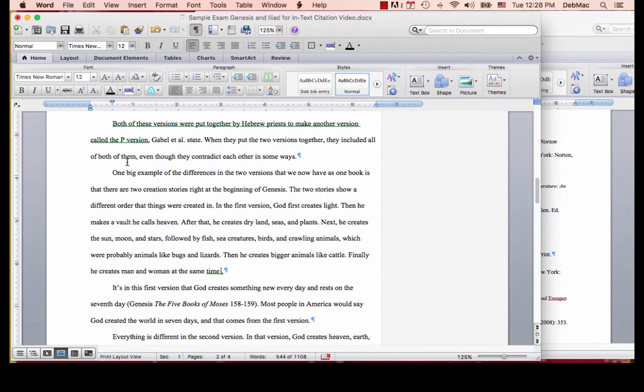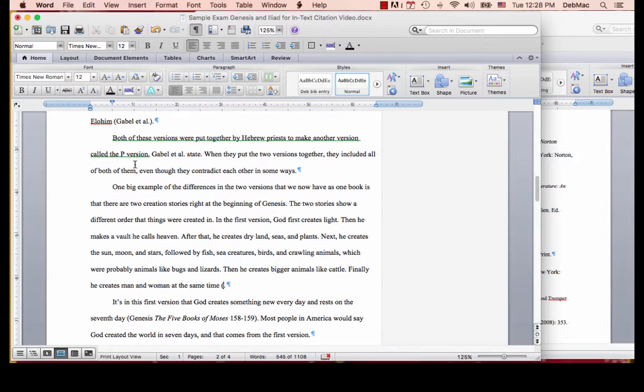We use exactly the same style for our citations in our papers, whether we have them in the text or in parentheses. Okay? And it's in quotation marks. From the 5 Books of Moses. And this particular information came from pages 158 and 59.